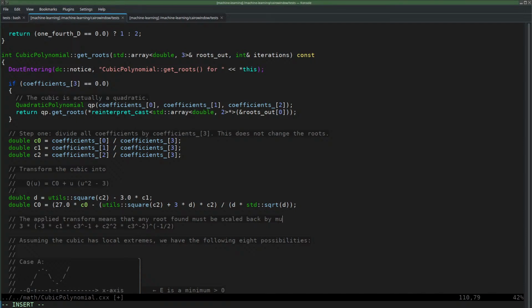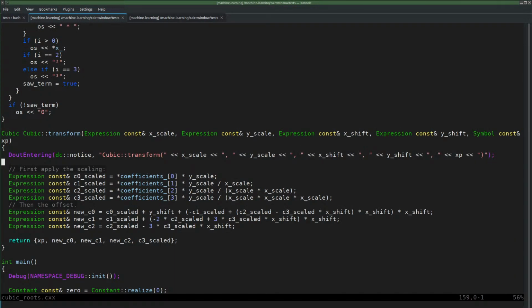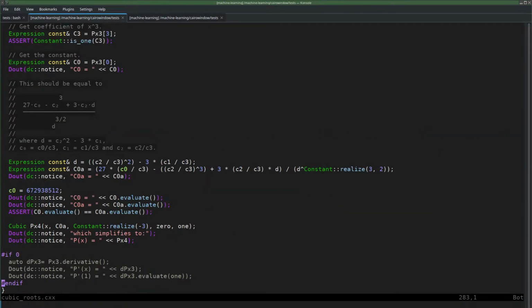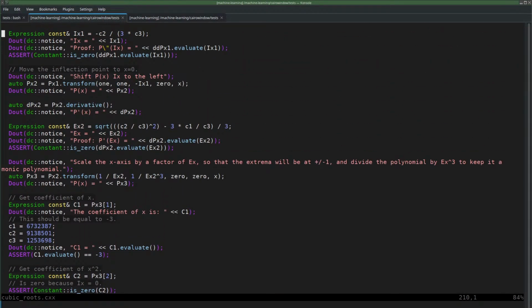What the hell does it mean? Scale X. The original.